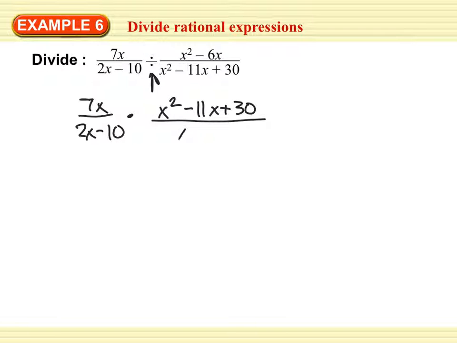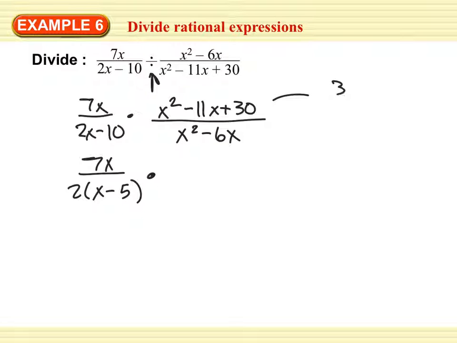On this one, it looks like I should be able to simplify or factor things a little bit. If I look at the first rational expression, I have 7x over, I can factor out a 2, x minus 5 times, I need two things that multiply to 30 and add to negative 11. 3 times 10 doesn't work. 2 times 15.